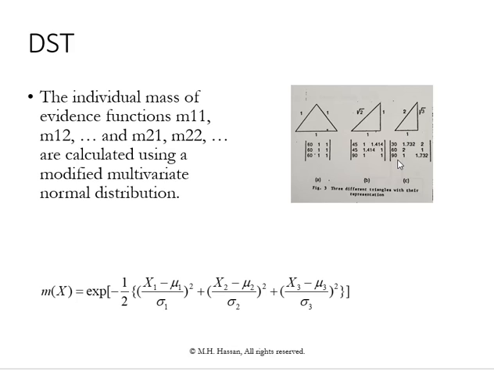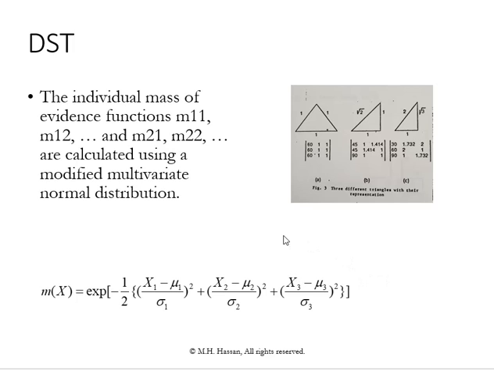Now we calculate the set of evidence for each one based on the multivariate normal distribution. So we can calculate M12, M21, M22, all these values accordingly, and we can refer to the objects as D1, D2, and D3.